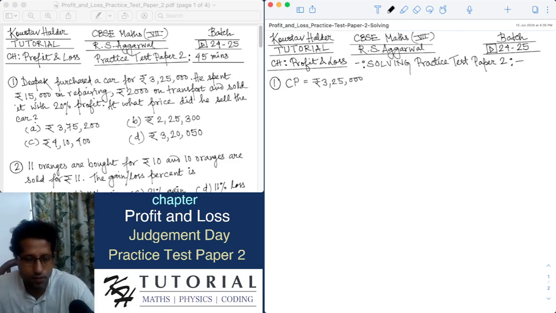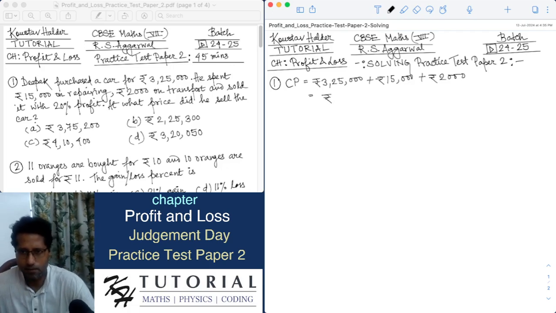So effectively the cost price is the price of the car plus the repairing cost, which is rupees 15,000, plus the transport cost, which is rupees 2,000. If we add them up, this is rupees 17,000.